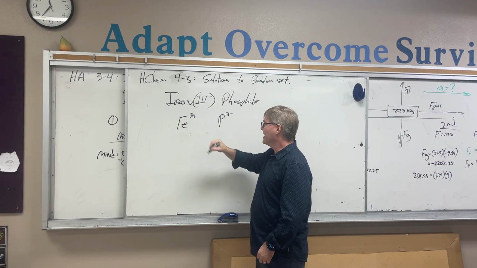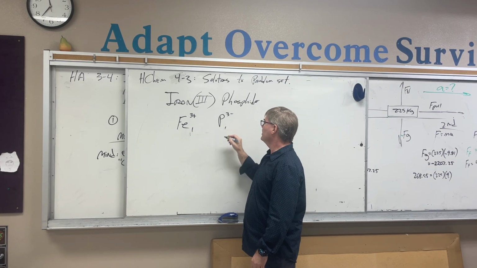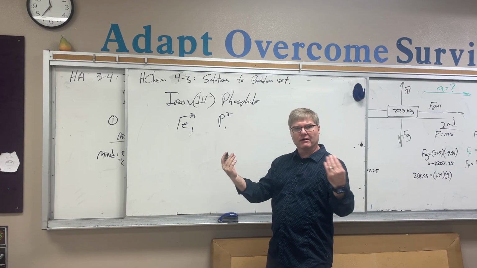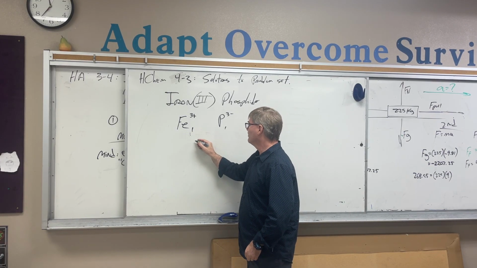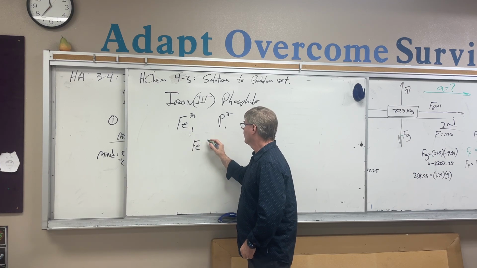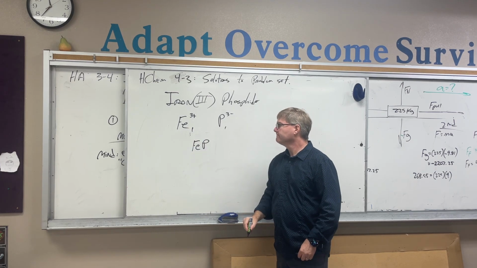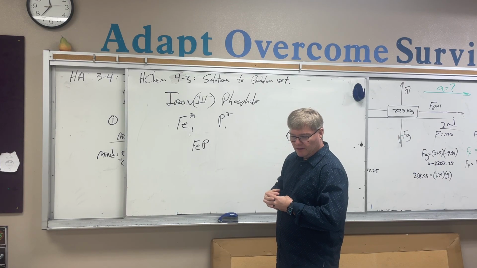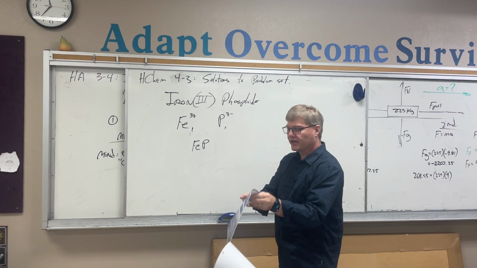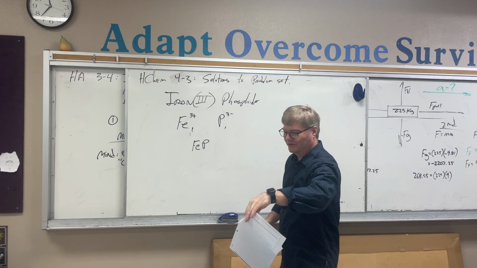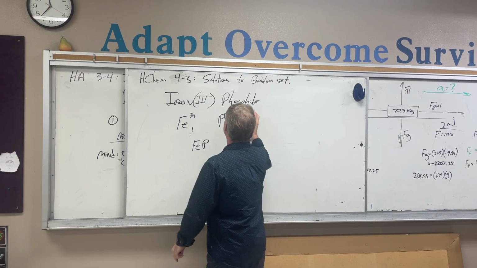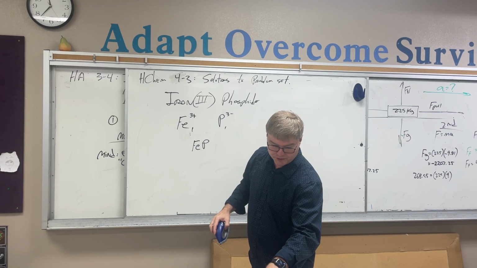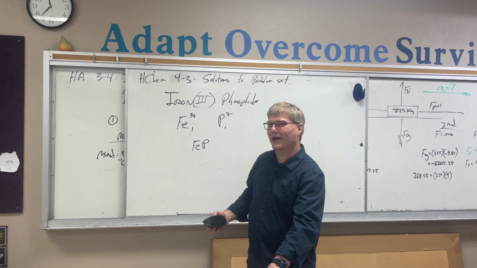I don't have to do any adjusting at all. Just one of each of these has the right amount of charges, so they must just pair up. That's it. The formula would be FeP. All right, that wasn't too bad. Okay, so just checking to see. Yep. Now, moving on, what are we going to do next? We're going to do rubidium hypochlorite.